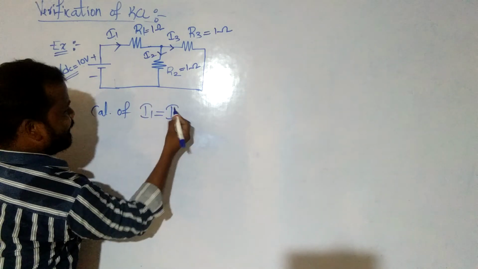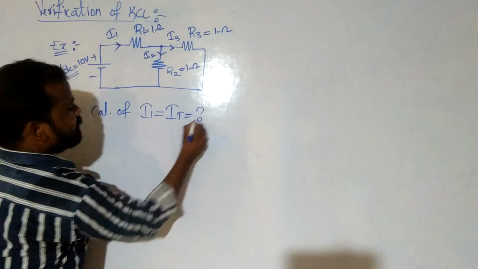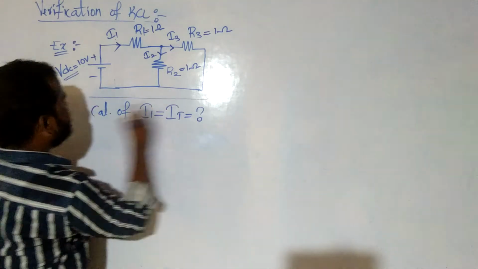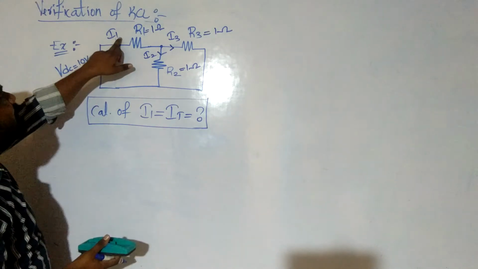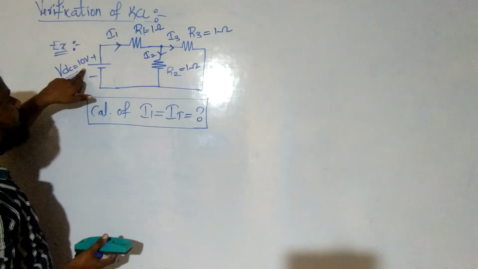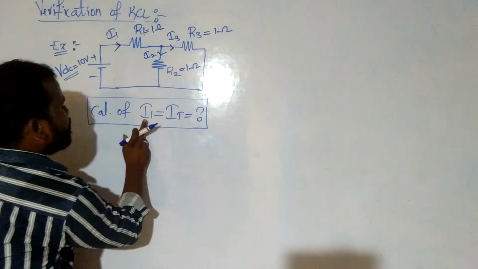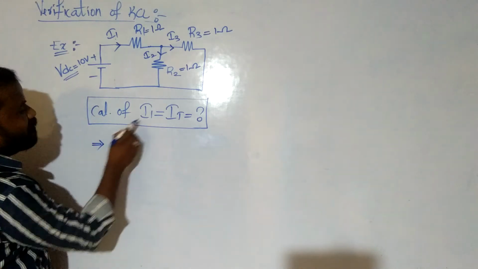This current we can also call the total current, because it is coming from the source V. So first we are going to find the value of total current.